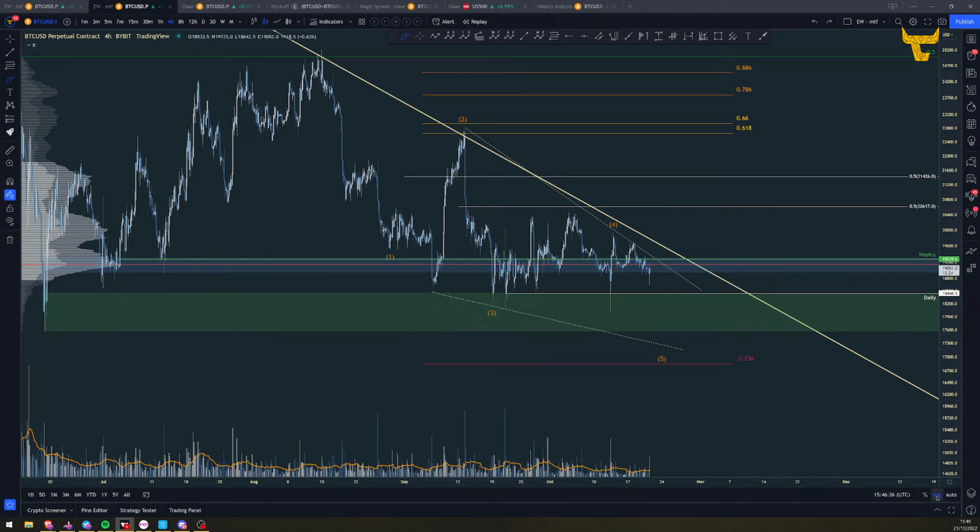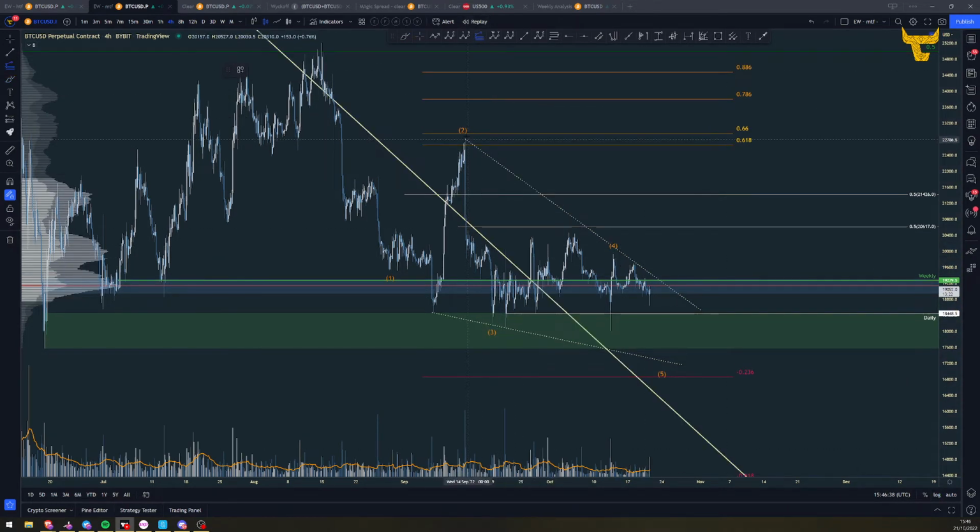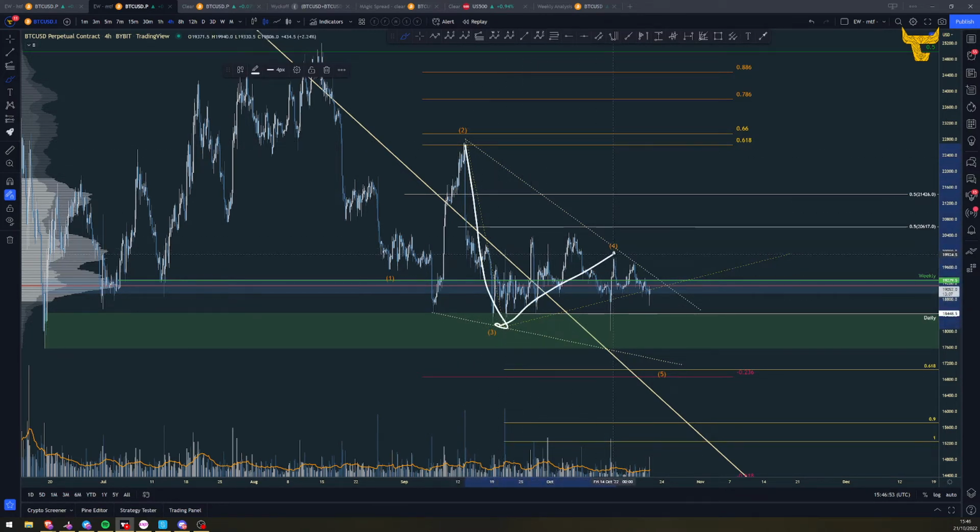But here we are on log, on linear, so invalidation here is 15200. So we have much room. And supposing that this is wave 3 and wave 4 here, wave 5 will need to stop before this 15,200.